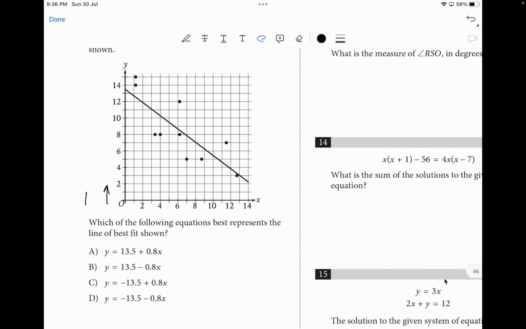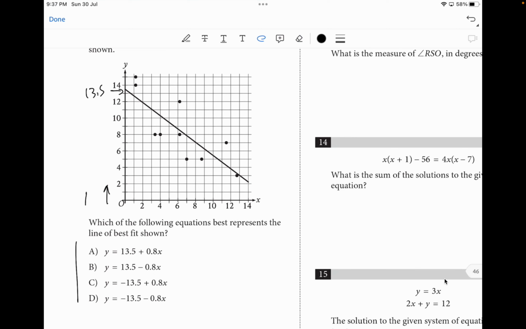This is moving up by 1 square each by the value of 1. Since this is roughly half the point, if we do 14 plus 13 divided by 2, just to find out where this is lying in between, it's roughly 13.5. This is going to be 13.5 in the y-intercept.